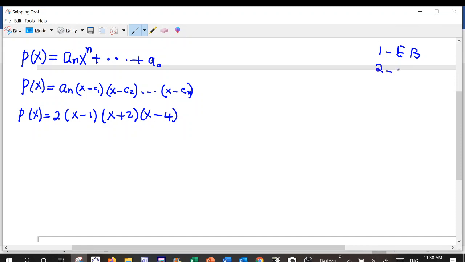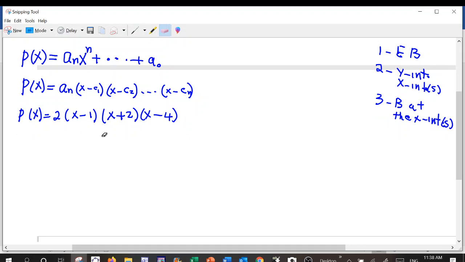Then we need the y-intercept and x-intercepts. It could be more than one x-intercept, but there is only one y-intercept. And then we need the behavior at the x-intercepts. How does the graph behave at those points?